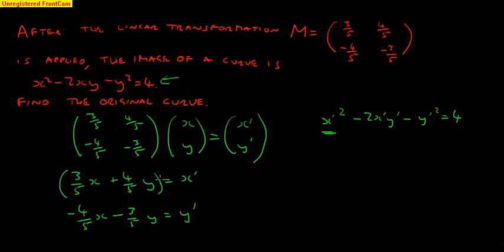I'll just write this out so it looks a little bit simpler than that, because we're going to be doing a lot of dividing by 5s here. So x dash equals 3x plus 4y over 5, and y dash equals negative 4x plus 3y also over 5.